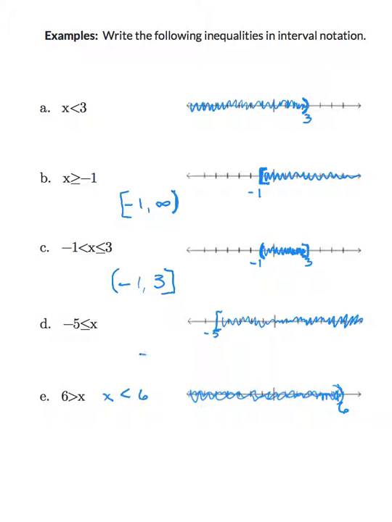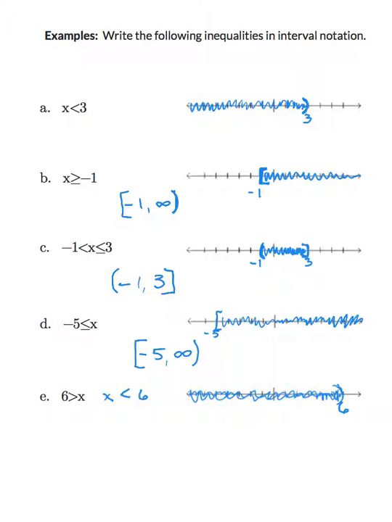It is -5. And our rightmost value, since this goes forever to the right, is positive infinity. My -5 will have a bracket. My infinity will have a parenthesis. Make sure that these are facing each other when you have your interval notation.